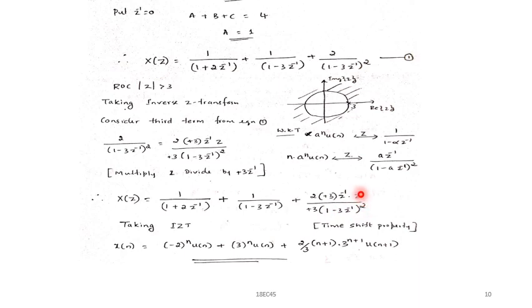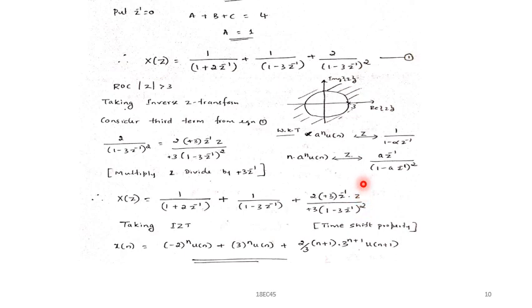So here you can observe 3Z inverse divided by (1 minus 3Z inverse) whole square. For that I can substitute n into 3 to the power n u of n. Again, there is one more term, Z, and 2 by 3 I can take outside: 2 by 3 Z into 3Z inverse divided by (1 minus 3Z inverse) whole square.